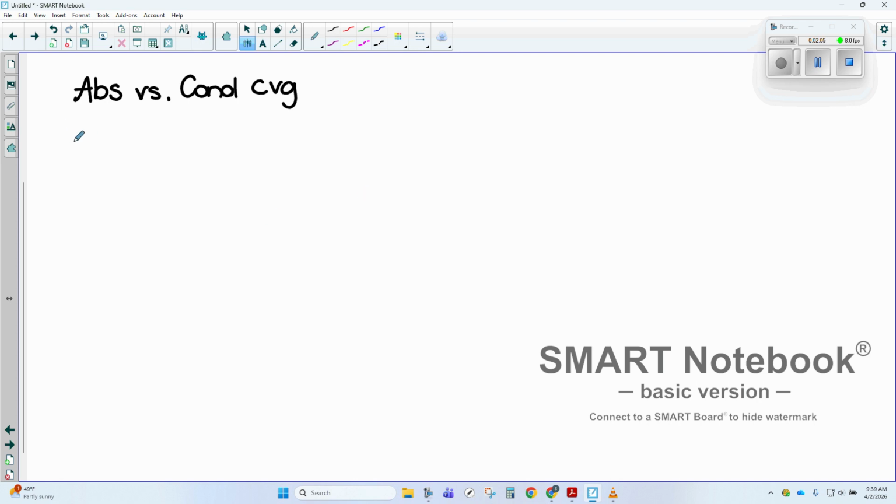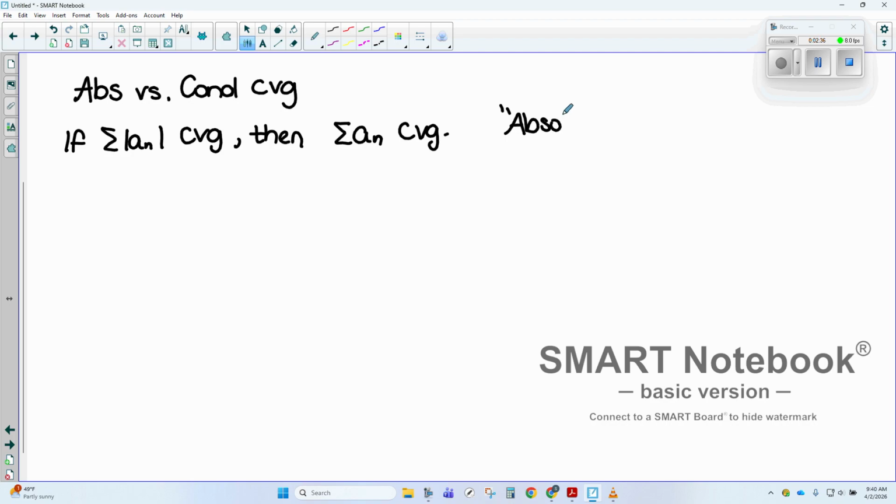One thing that's nice to keep in mind is if I am wanting to add up a series, if I take the absolute value of all the terms, and if that new series converges, then that means a sub n without the absolute value will also converge. We call this absolute convergence.